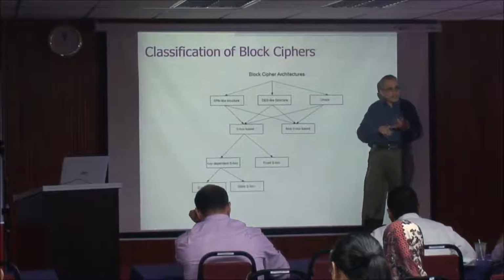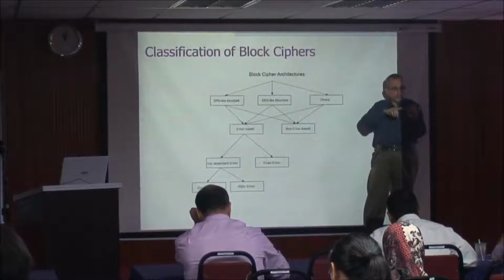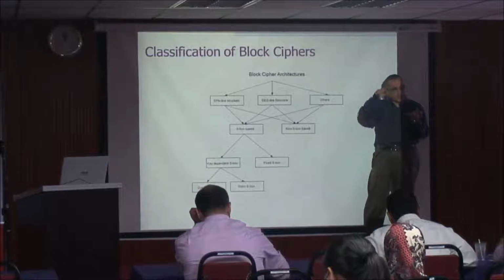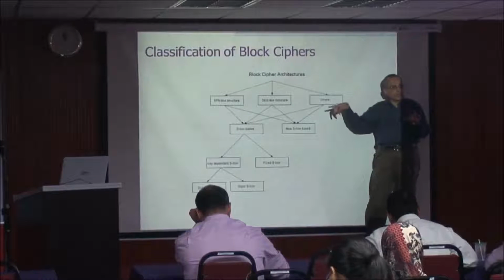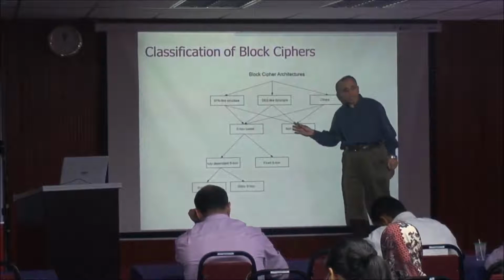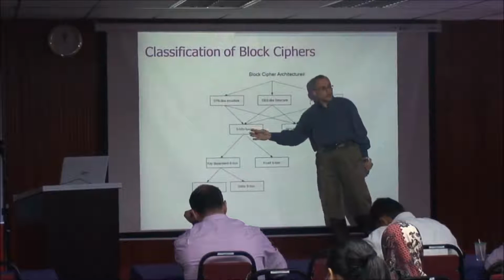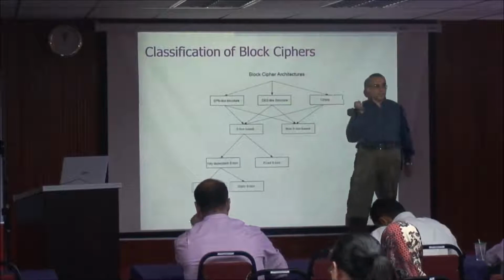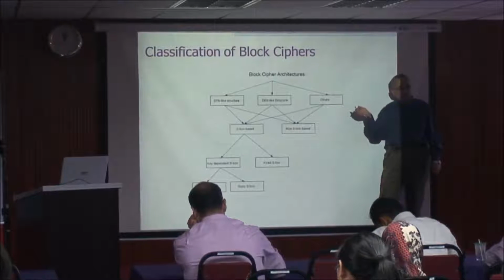If you mix addition, rotation, XOR, addition starts with an A, rotation starts with an R, XOR starts with an X. So now we have what's called the ARX construction. The ARX construction is another very famous way to build block ciphers without the need to rely on S boxes. You achieve your nonlinearity by mixing these three operations: addition modulo some number, XOR, and rotation.